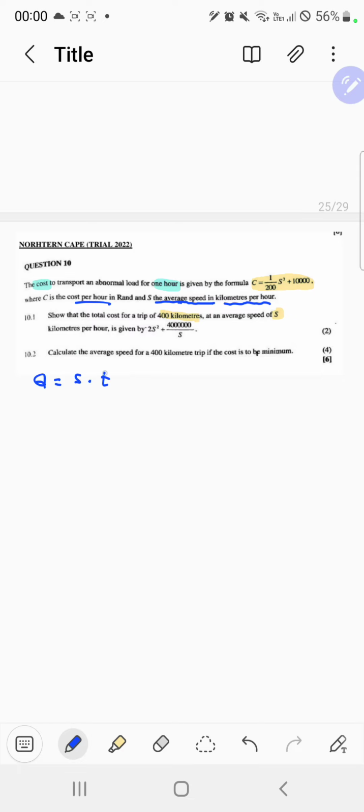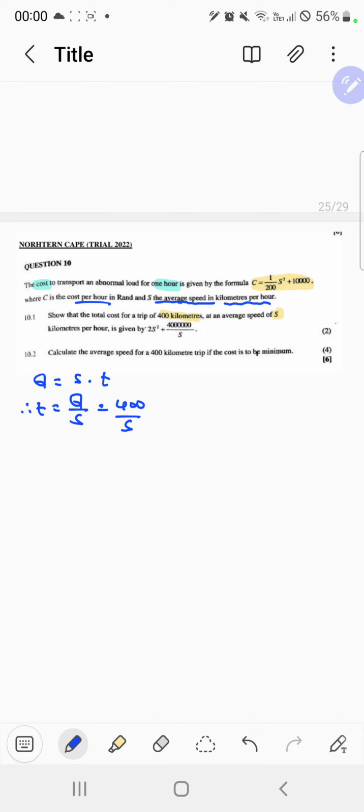Now we want to represent the time, because we already know the distance is 400 kilometers, the speed is s. So we are sorted here. Therefore t is going to be d over s, which is 400 kilometers over s. It's as simple as that.